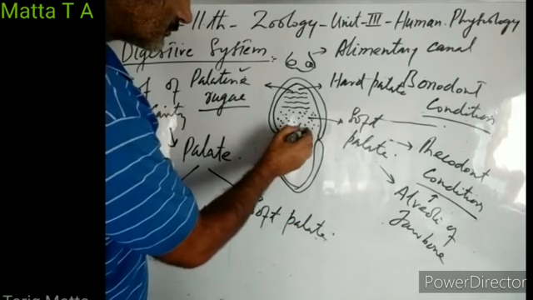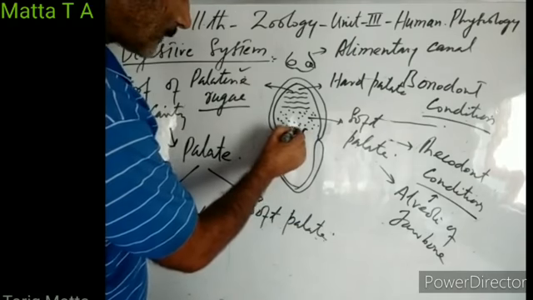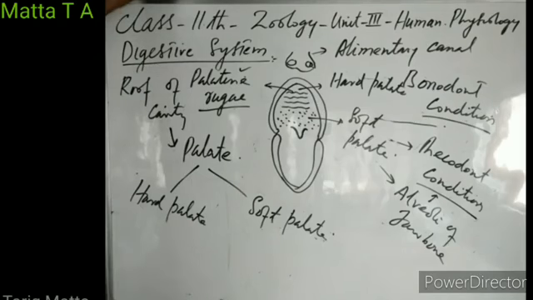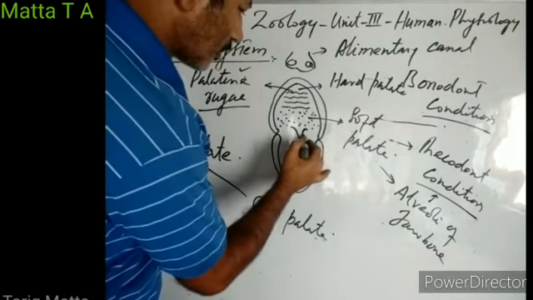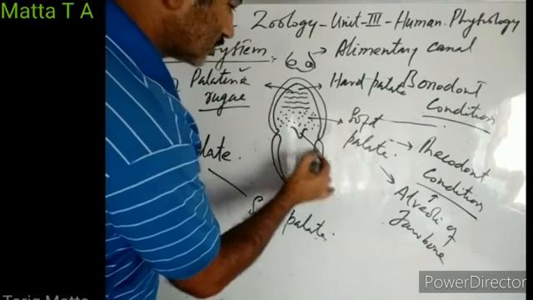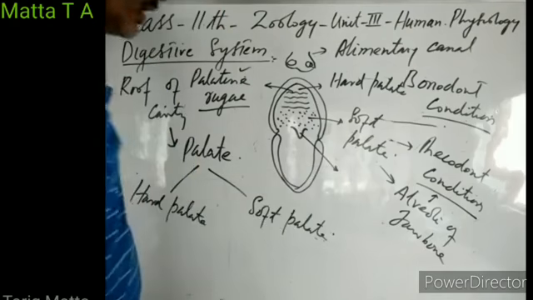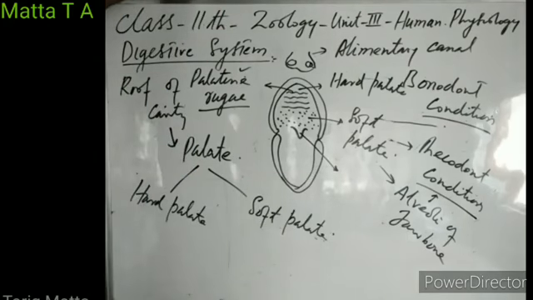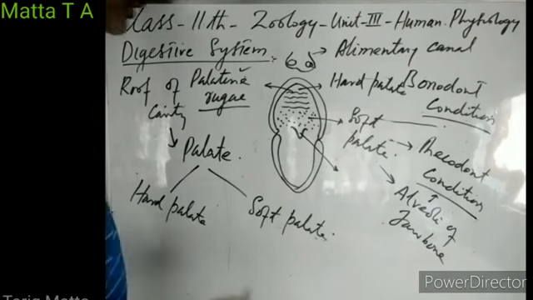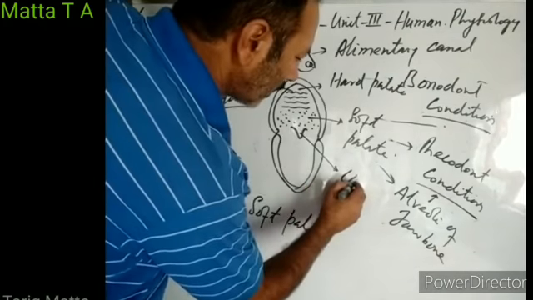Just behind this soft palate, there is a fleshy, lobe-like structure hanging down from the roof of the oral cavity. This fleshy lobe-like structure, which is hanging down from the roof of the oral cavity, is known as uvula.